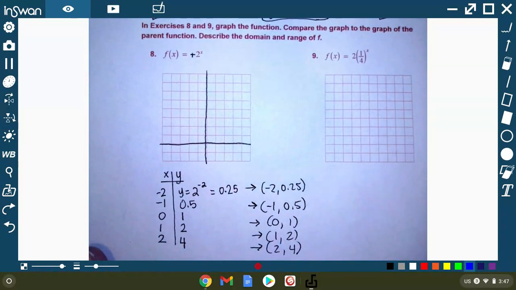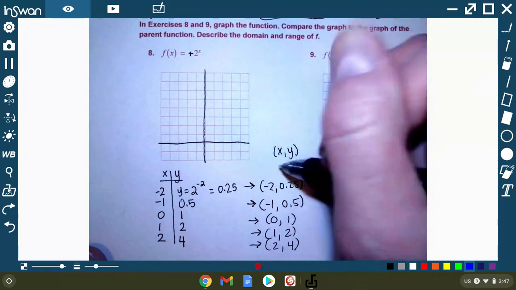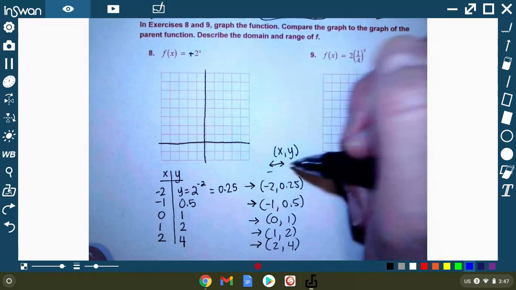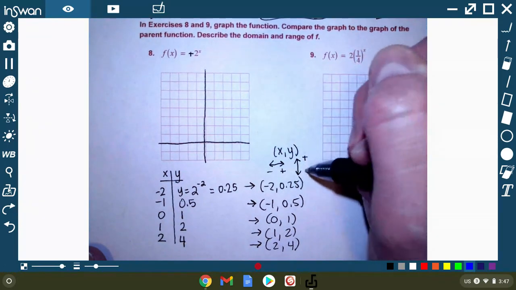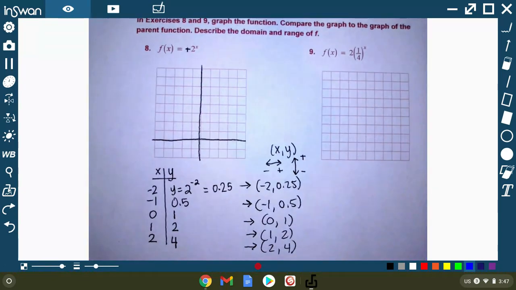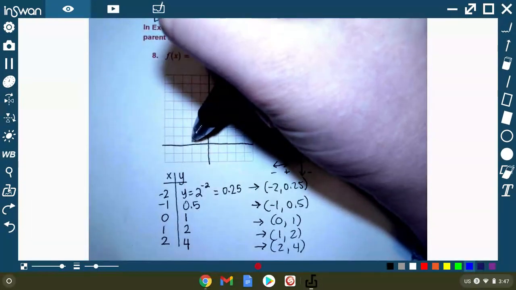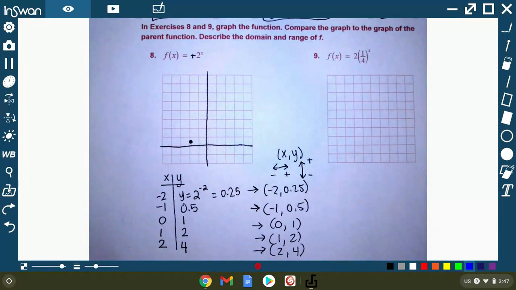Remember when you're graphing points, you're using x, y. X is moving left or right. If it's moving to the left, it's negative; if it's moving to the right, it's positive. Y values go up or down, positive or negative. So let's go ahead and graph these. Negative 2, 0.25 would be going left 2 and then just a little bit above the x-axis. And there's my point.